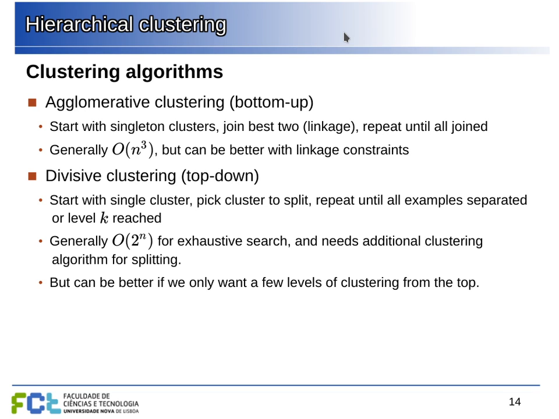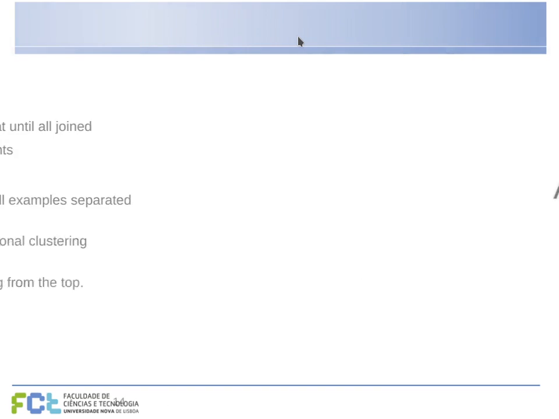The complexity generally increases quadratically with the number of examples, and you also need an additional clustering algorithm for the splitting, but it can be very good if you have a fast algorithm for clustering, especially if you only want a few levels of the tree from the top, because then you only need a few iterations and you stop with the number of clusters that you want.